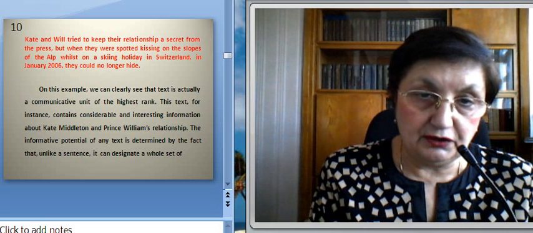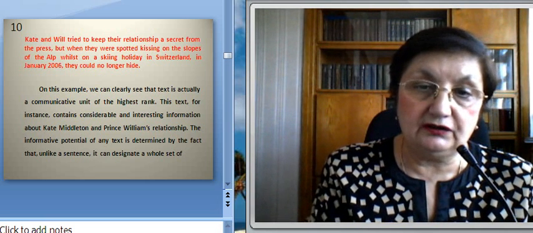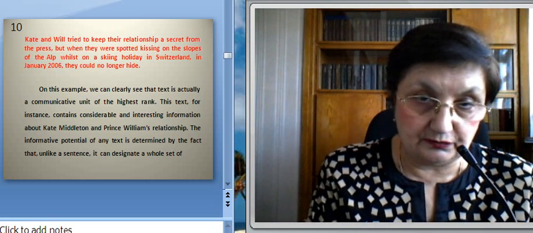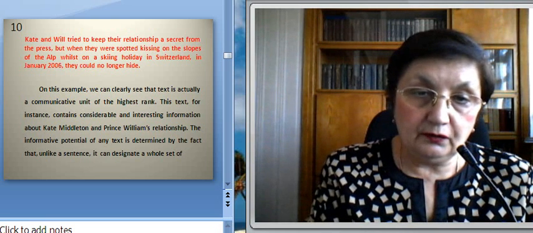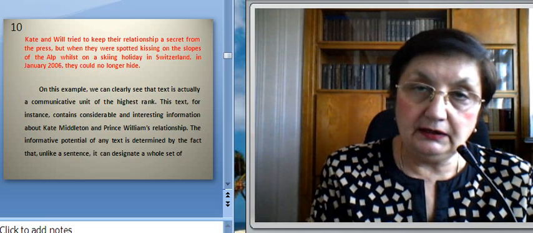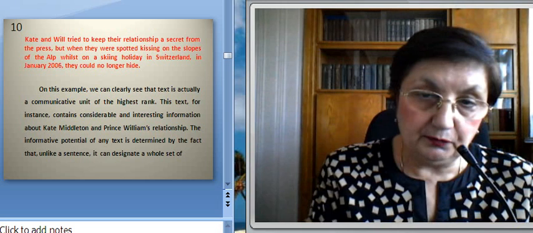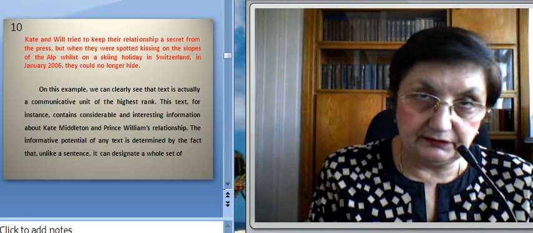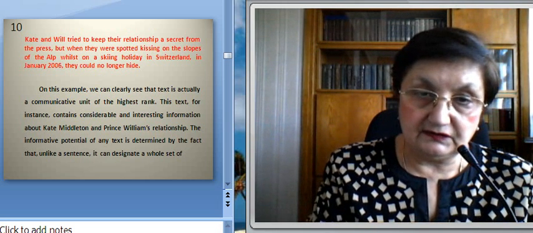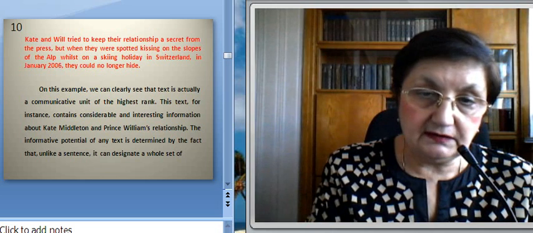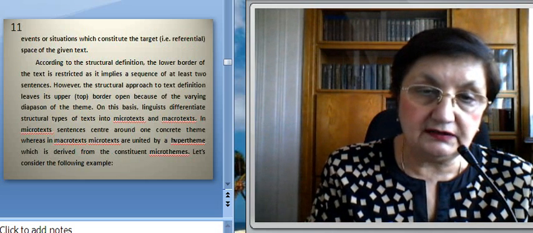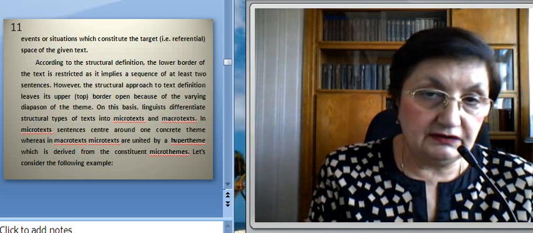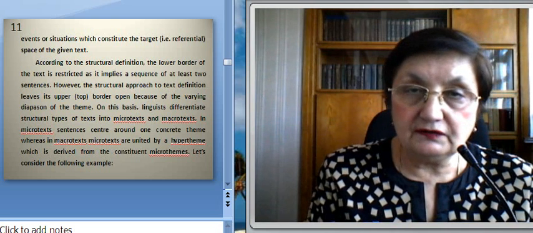The informative potential of any text is determined by the fact that, unlike a sentence, a text can designate a whole set of events or situations which constitute the target, that is, the referential space of the given text.